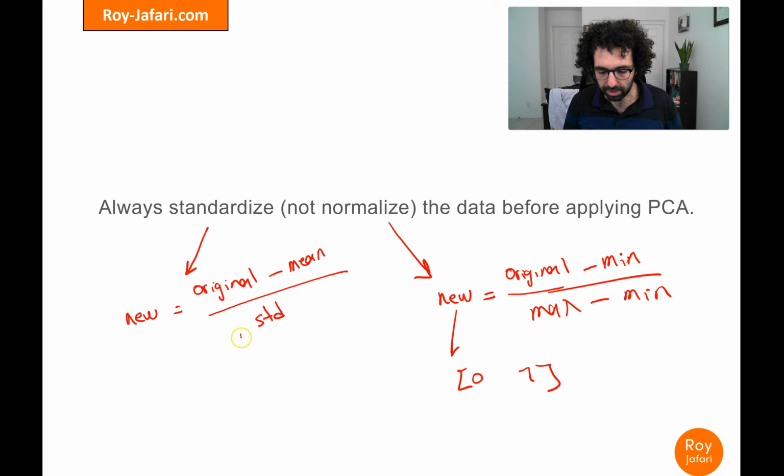And when you do this, you make sure that the variance, or the standard deviation, of your new attribute will be equal to 1.